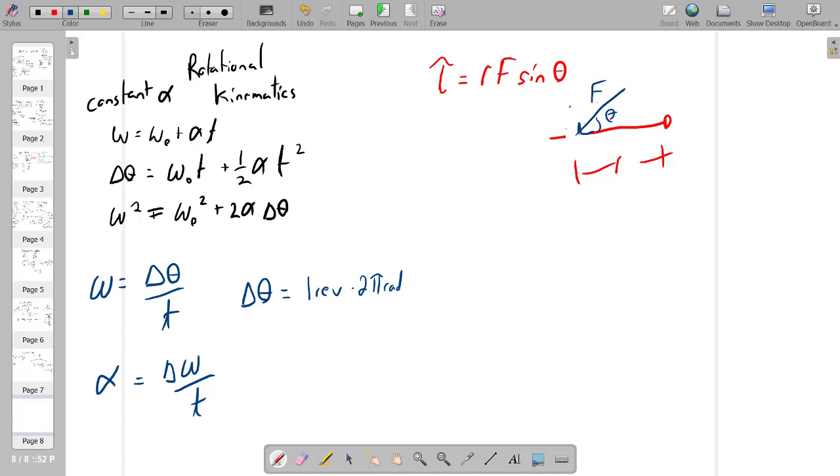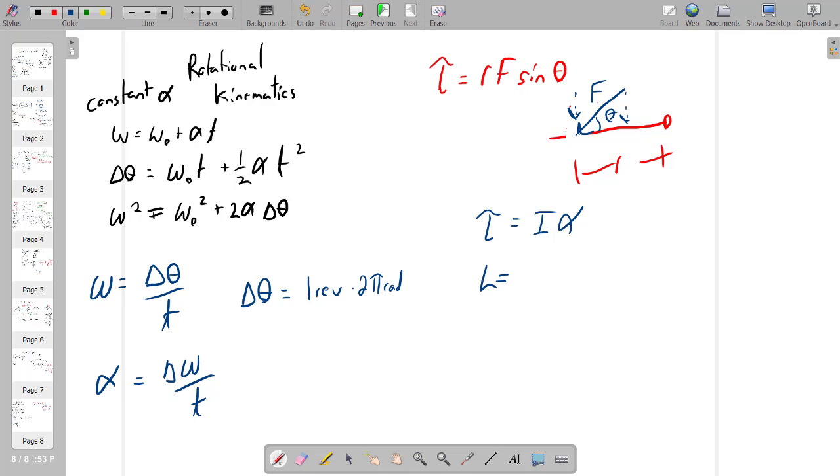This is where the sine comes in, because really all we care about is this component of it, the opposite side. So r F sine of theta. All right. So torque is also equal to moment of inertia times angular acceleration. This is like F equals ma.